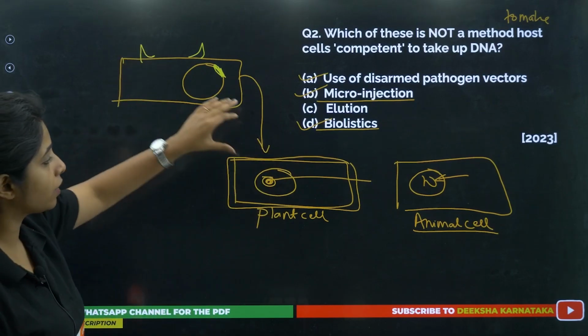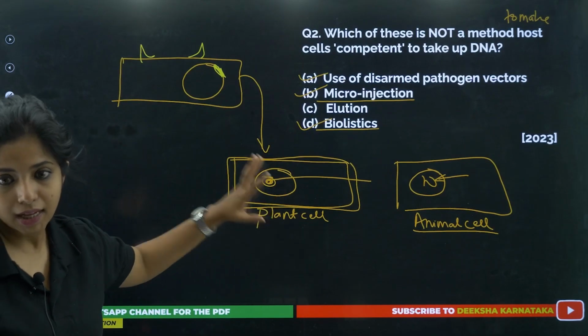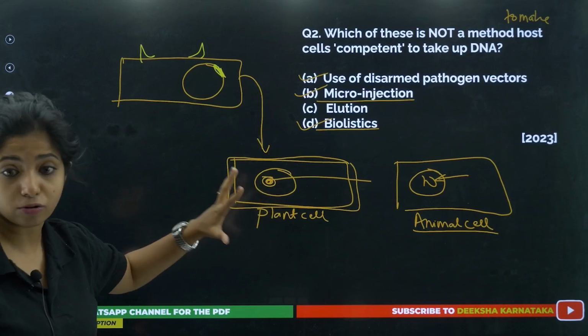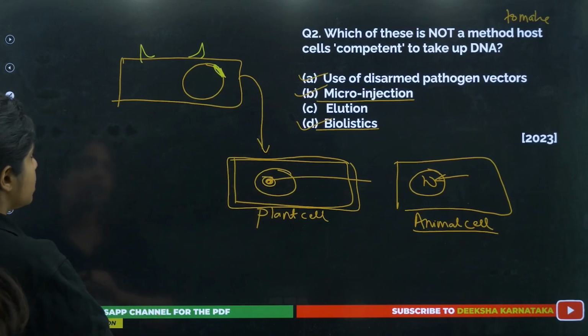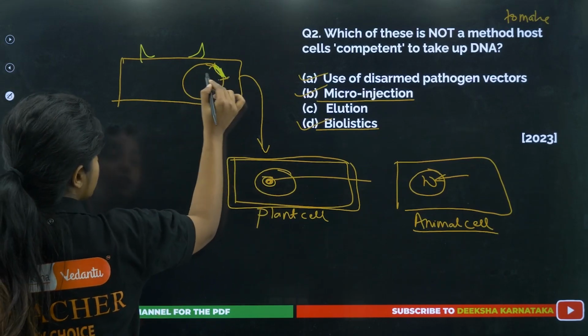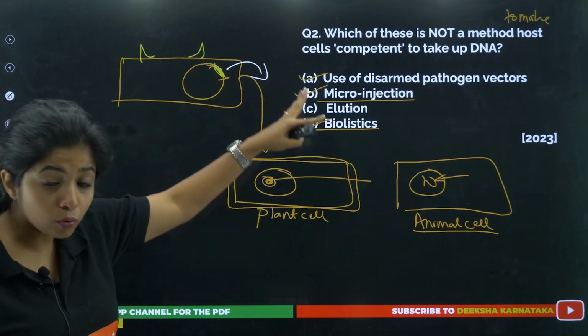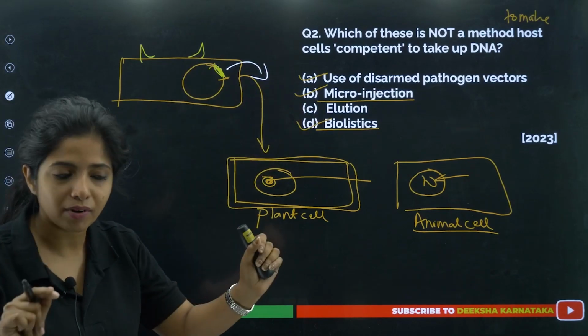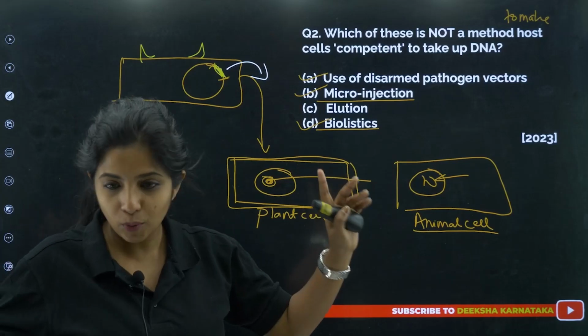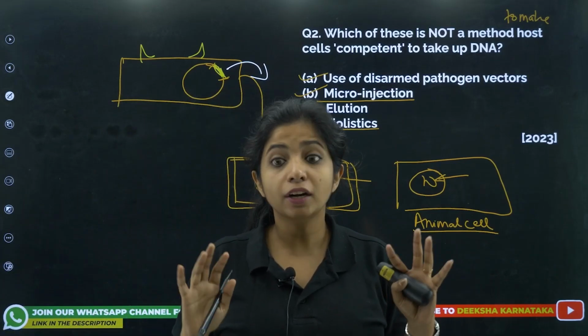For example, this particular bacteria is going to infect this particular plant cell. That means it is going to infect and cause little trouble. But now what I am doing is that the gene which could actually cause trouble, I am removing it. When I am removing it, I will say it is disarmed, as in does not have arms. No, it is what kind of safe.